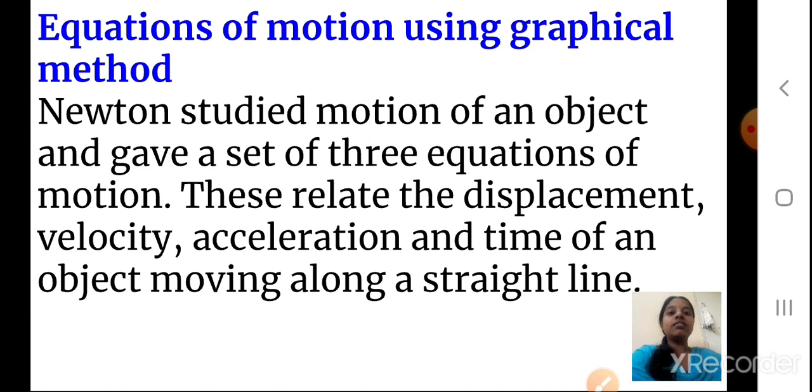These relate the displacement, velocity, acceleration and time of an object moving along a straight line. So this is done by Newton.